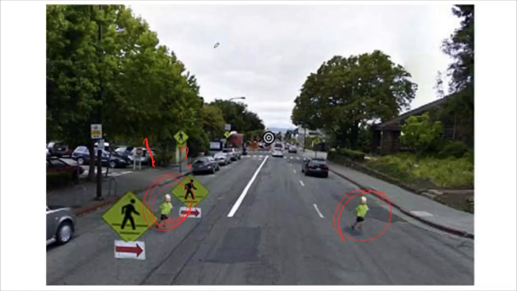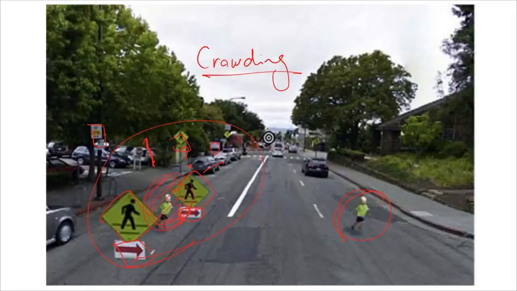They are discussing something that we call crowding. When we have different pieces of information on one side, and even those signs and the other things that we have here compared to this side, sometimes we overload the object recognition capacity of the brain to be able to see all the objects that we have in the environment.